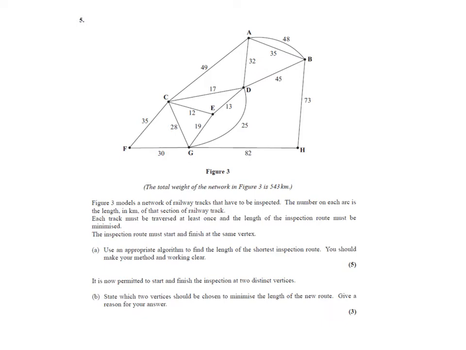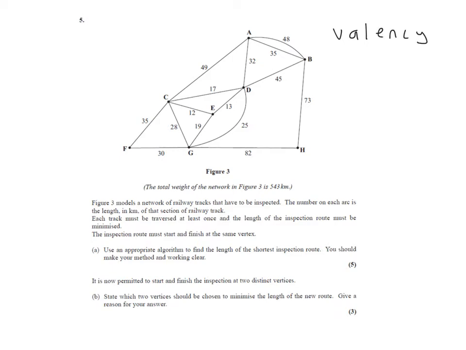Now there is an algorithm, a route inspection algorithm that we need to use, and the first thing is to identify the vertices, the points, the letters, where there's an odd number of tracks coming out of them. Now the number of tracks coming out of each point is called the valency.